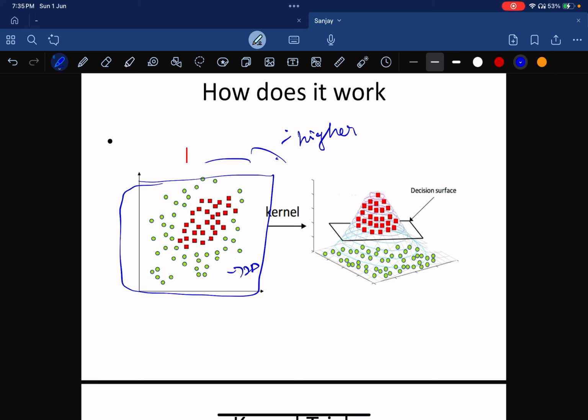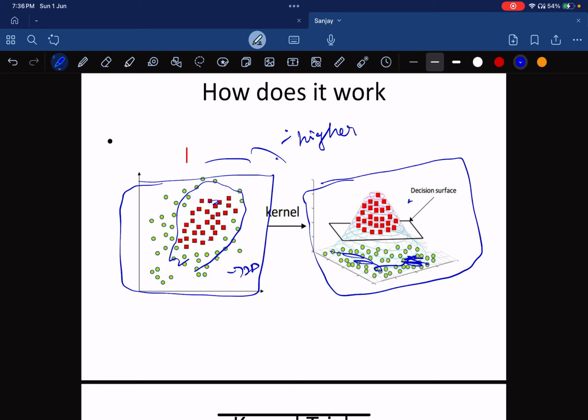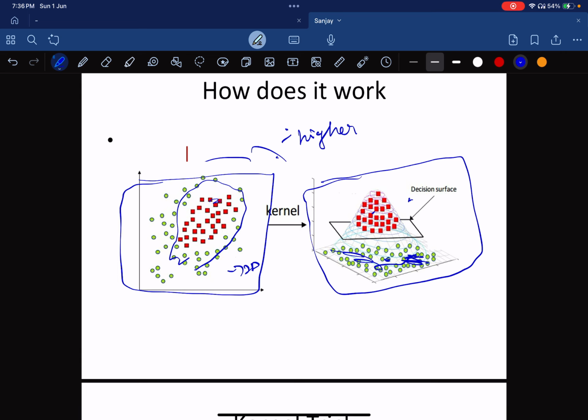Here we can see that the green classes are settled down in the higher dimensions, and the red classes are settled up in the higher dimensions. So in this case, we can linearly separate these blue and red classes by this hyperplane.